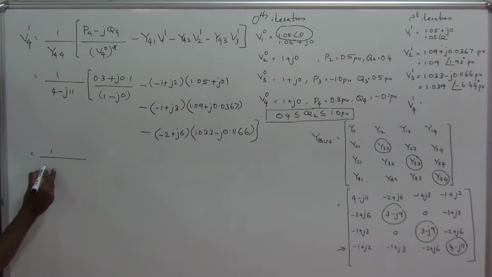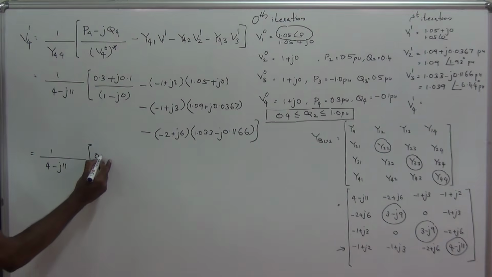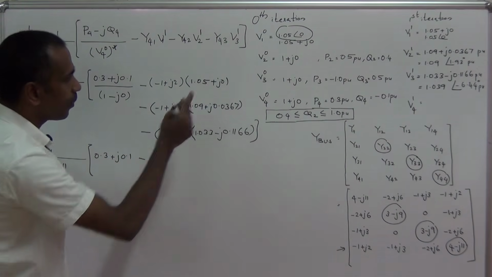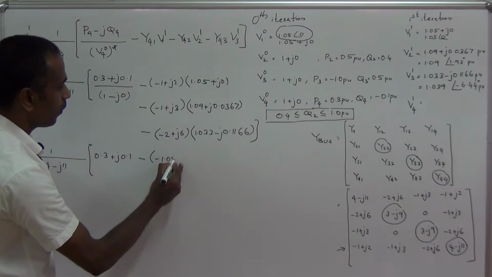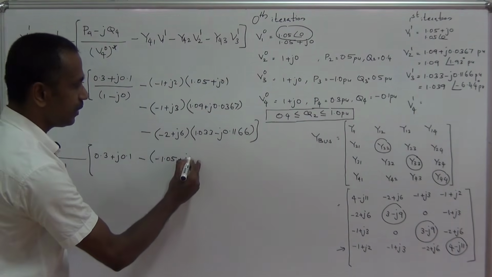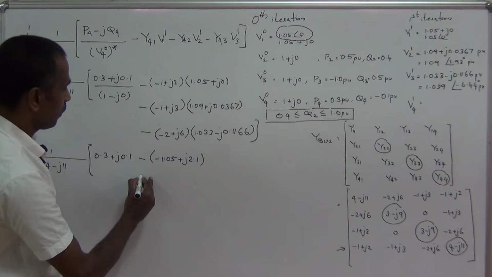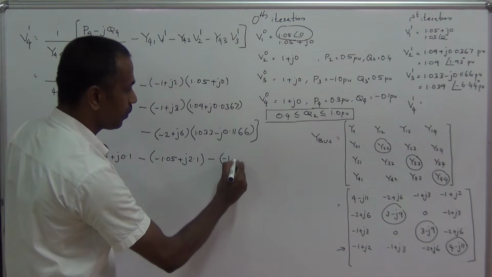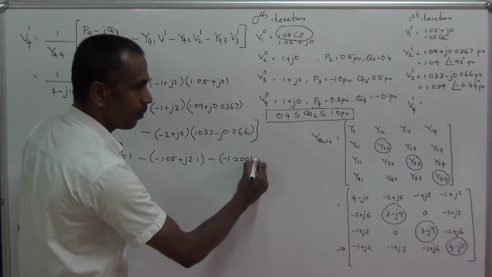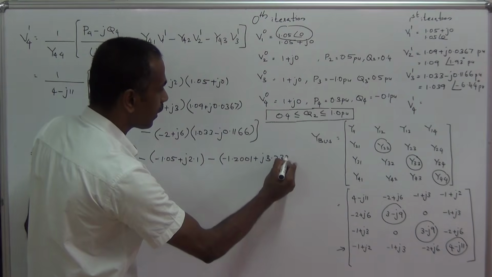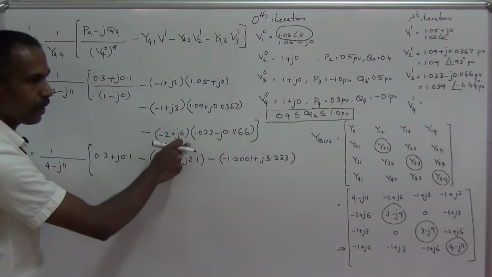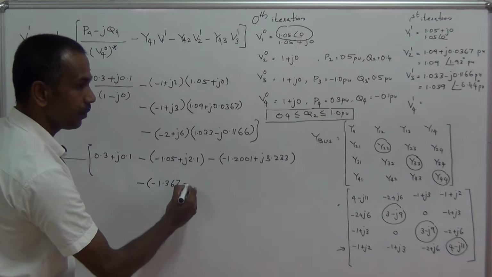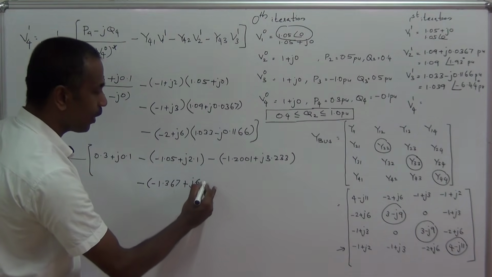And this is equal to 1 by 4 minus j11 into 0.3 plus j0.1, minus the first term, which equals minus 1.05 plus j2.1, minus the second term, which equals minus 1.2001 plus j3.233, minus the last term, which equals minus 1.367 plus j6.433.